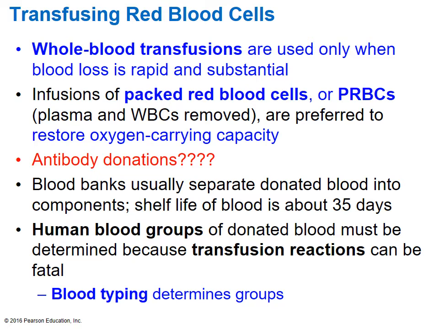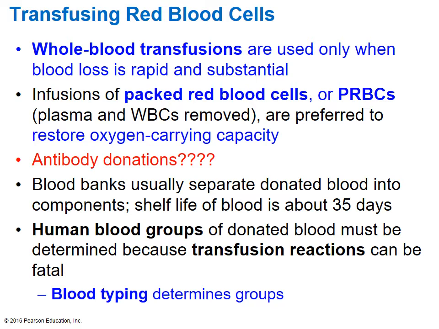But basically what ends up happening is that if you're doing a blood transfusion, meaning that you're donating blood or you're receiving blood, it can be done many different ways. A lot of times we can do what we call a whole blood transfusion. We can do a packed red blood cell transfusion. We can also do a plasma antibody transfusion. It really depends on exactly what we're looking for.